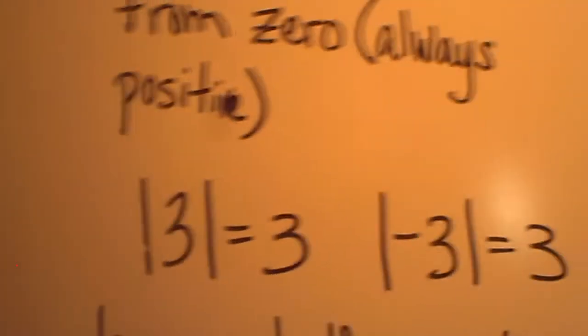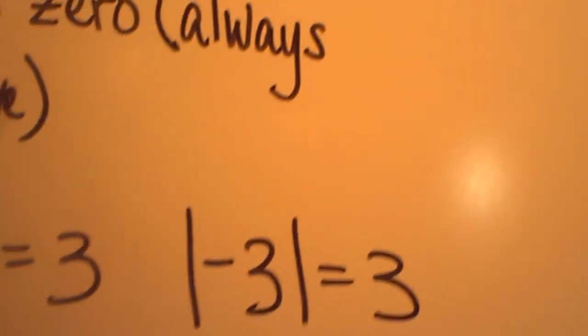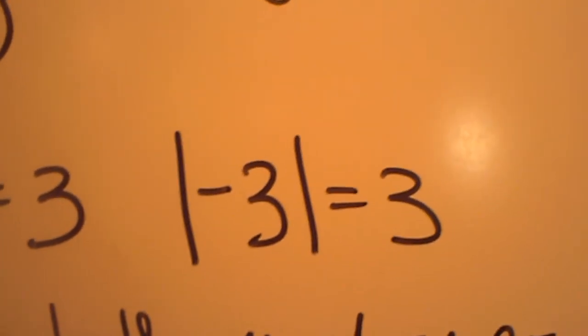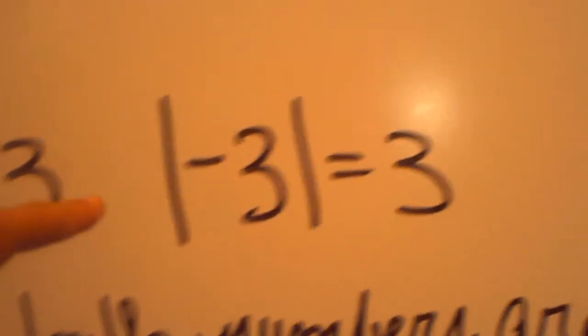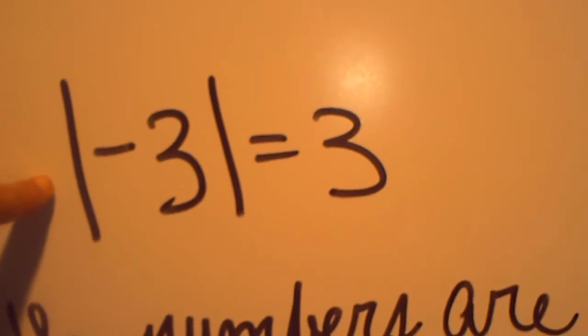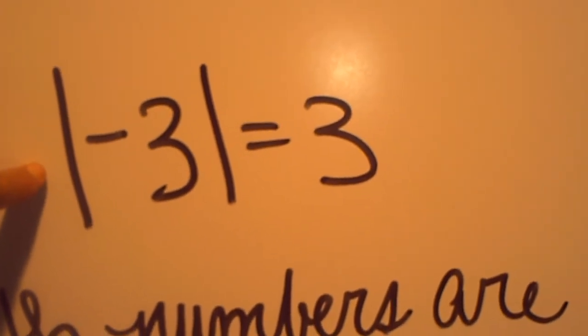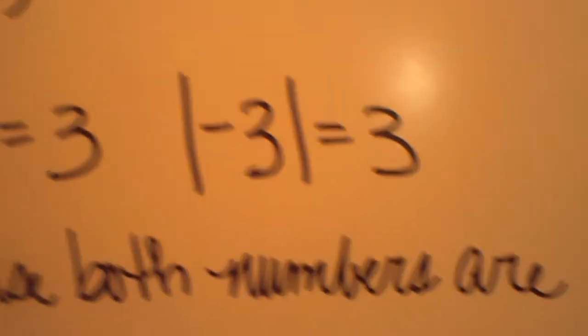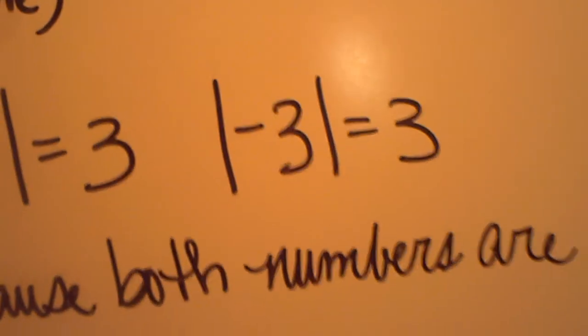The same could be said for negative 3. Negative 3 is 3 units from 0 on the number line, so the absolute value bars around negative 3 mean we're finding the absolute value of negative 3, and that's 3 units.